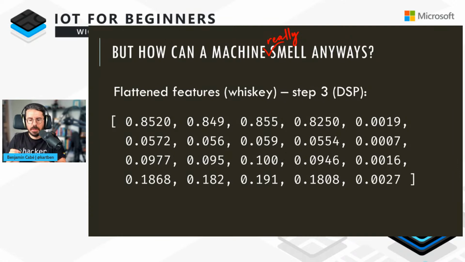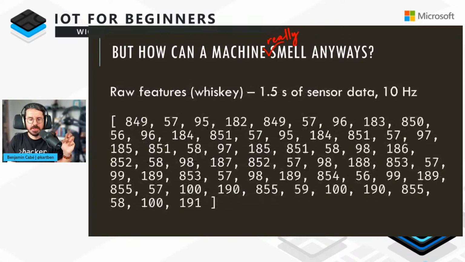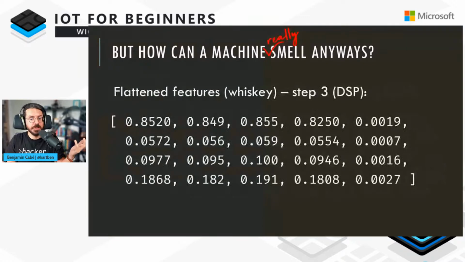Like here, this array of data, the numbers you see here are way more meaningful than what we had right here. Here, this is raw sensor data. Here, this is the extracted features, and these are the things that really characterize the smell.